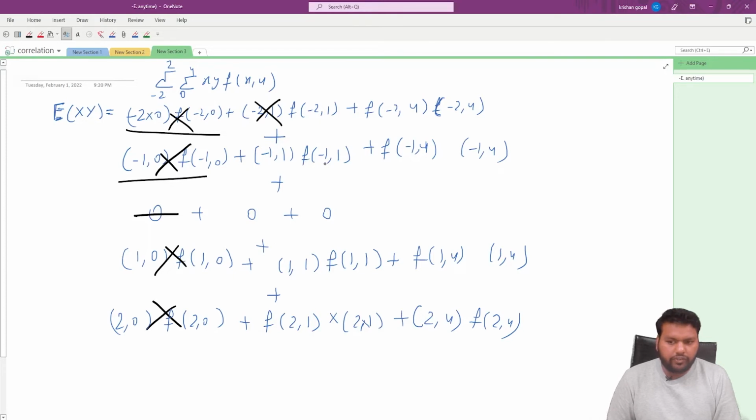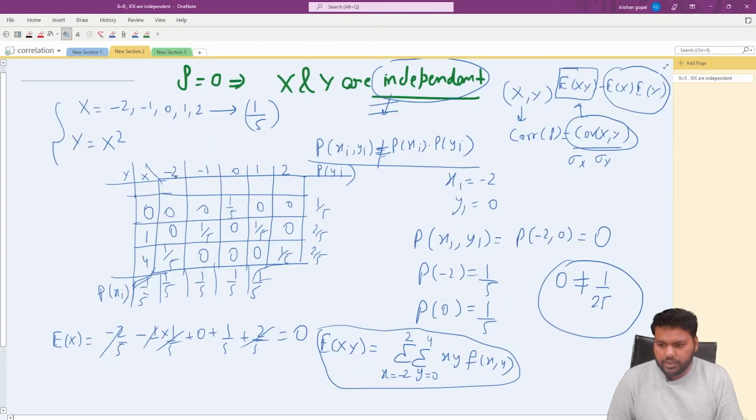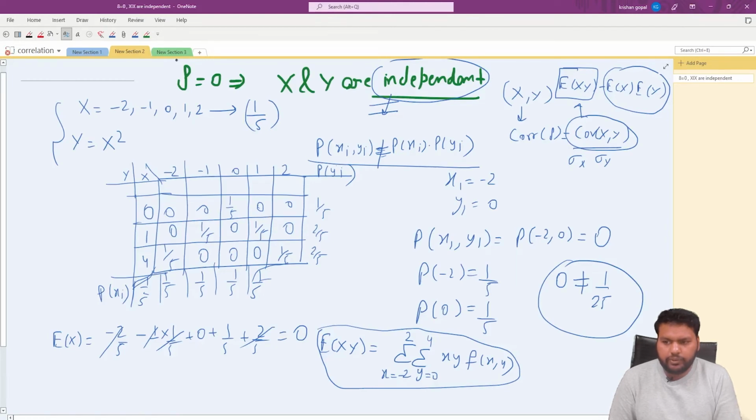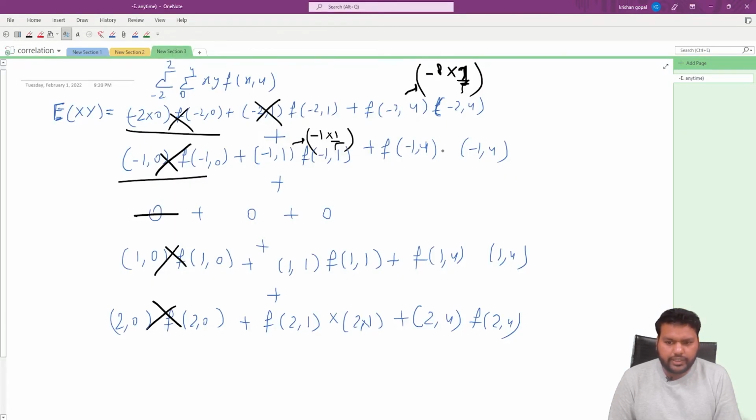Minus 1 comma 1, f of (-1, 1). Here if you multiply, it comes to minus 1 into 1 by 5. Then (-2, 4): 4 into 2 is minus 8, into 1 by 5. Sorry, minus 8 into f of (-2, 4), which is 1 by 5. Then if you come here, (-1, 4) again is 0, so we cut this also.